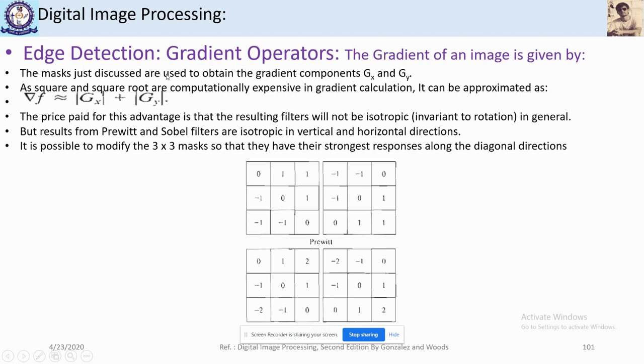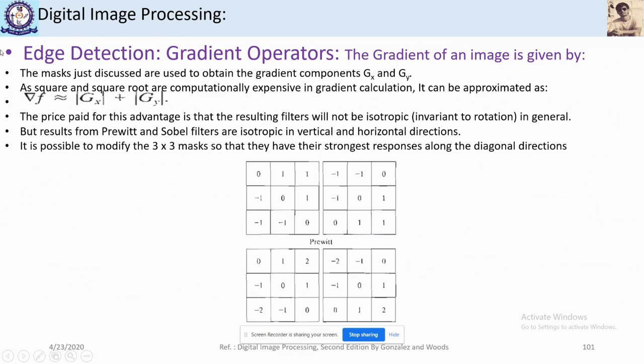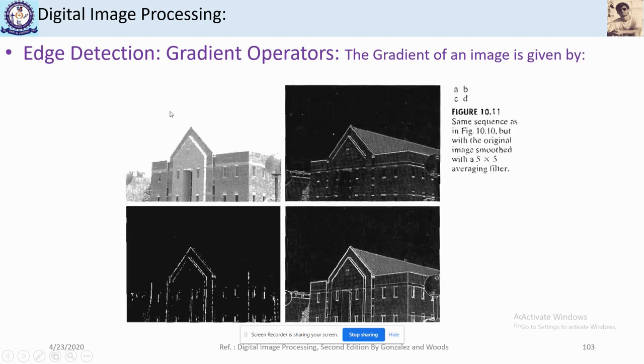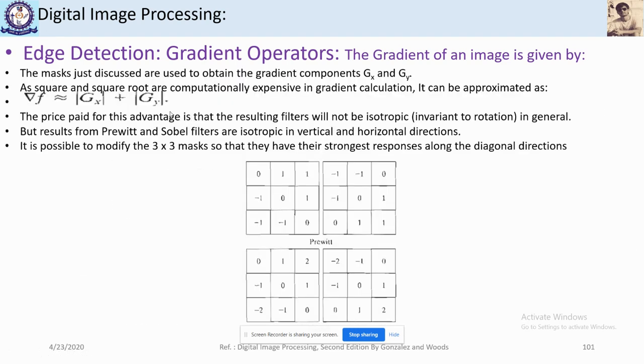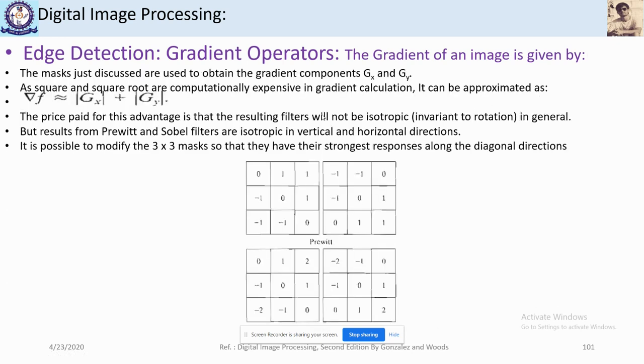So there is no harm in approximating the magnitude of gradient in this way, and it is computationally very cheap, very attractive with respect to the previous expression, which is quite complex and expensive to compute.